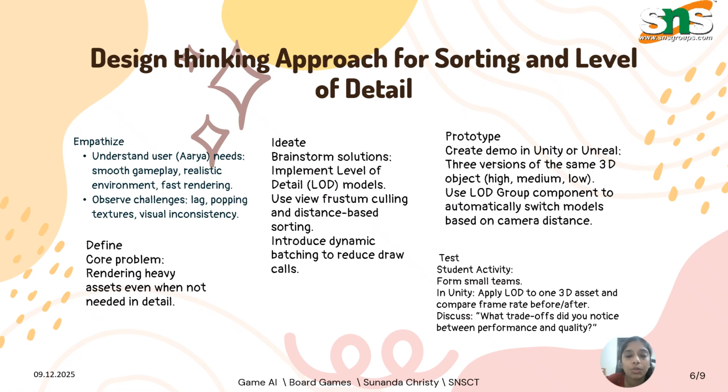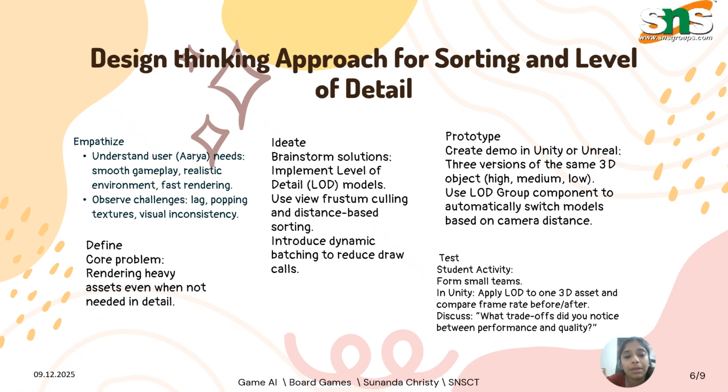So in that way those board games should be sorted out, and more techniques should be used, like handling popping textures and visual inconsistency, to empathize with the players, and then only we will define the core problem, and then we will render it, and finally the board game is sorted out.